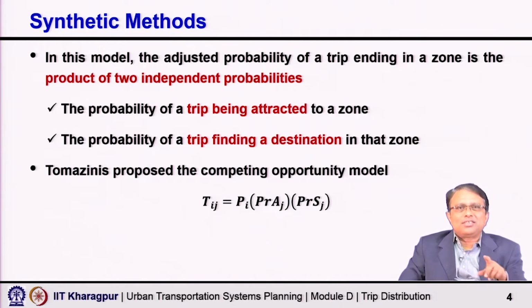What I said in the earlier slide, the probability of a trip finding a destination in that zone, because all destinations are competing.